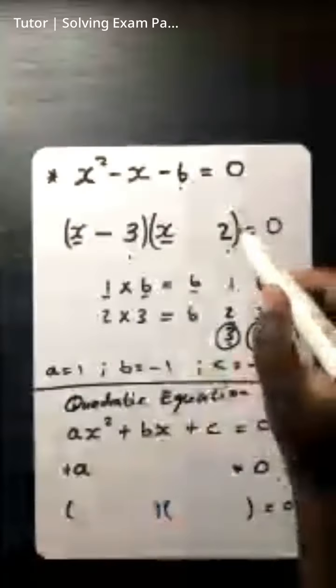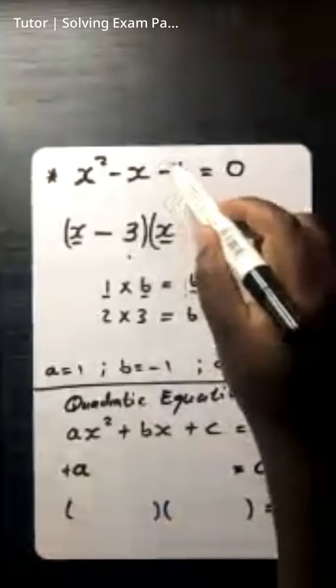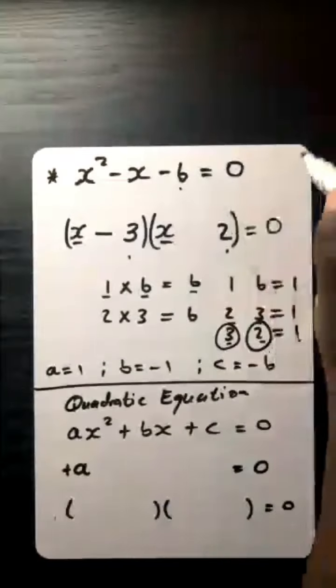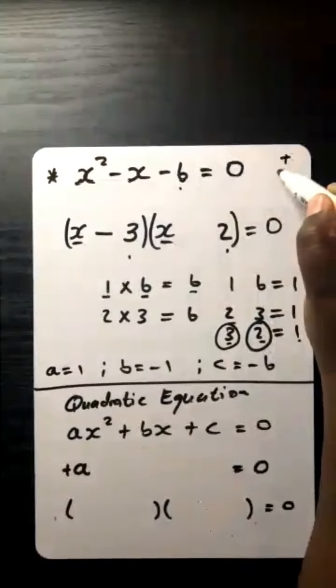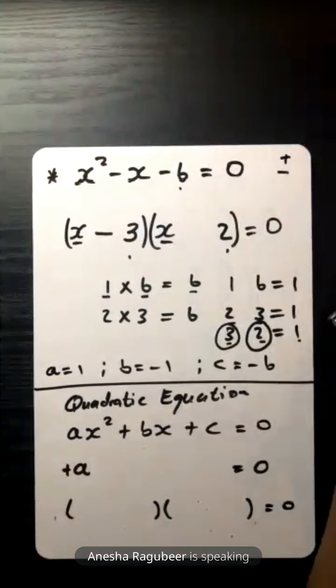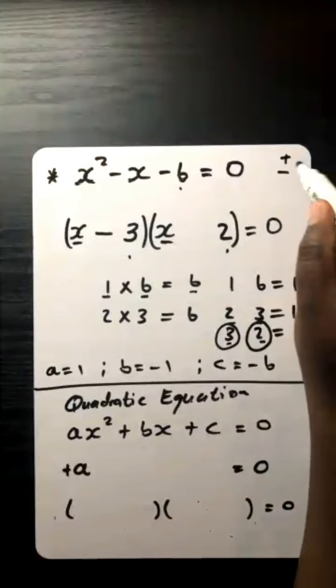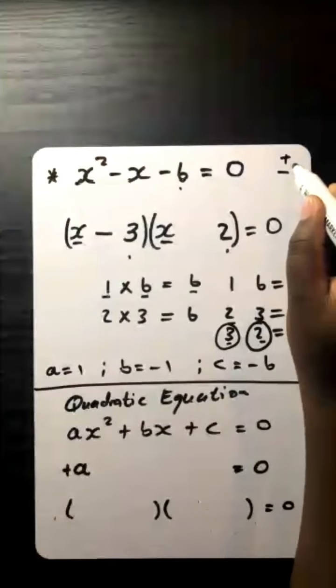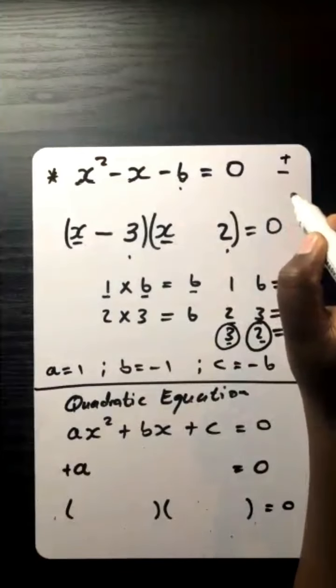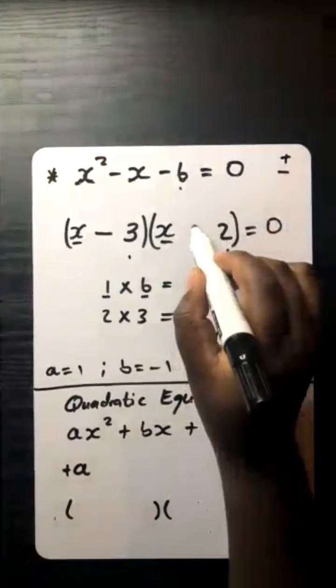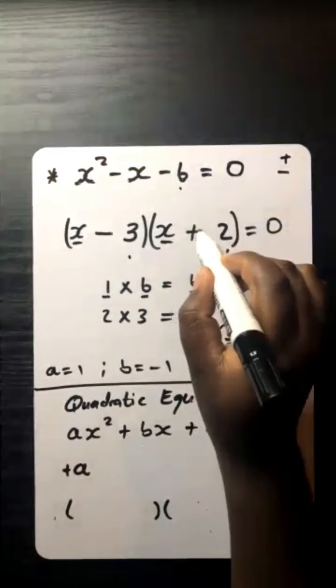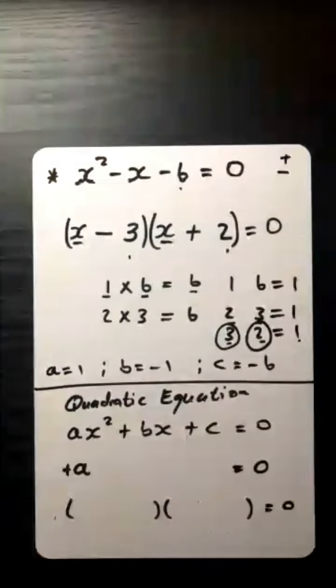Yes, sir. So Shreyas, our C value, is it positive or negative? Negative. So if our C value is negative, then we have to put a positive sign over there.